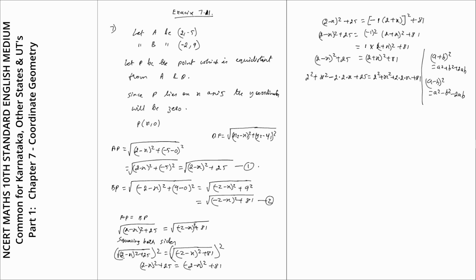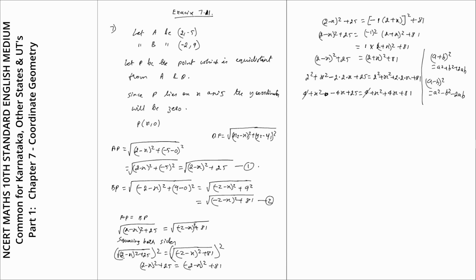So in the left hand side I will get 4 plus x square minus 2 into 2 into x is 4x, minus 4x plus 25. The right hand side is 4 plus x square plus 2 into 2 into x, 4x, plus 81.